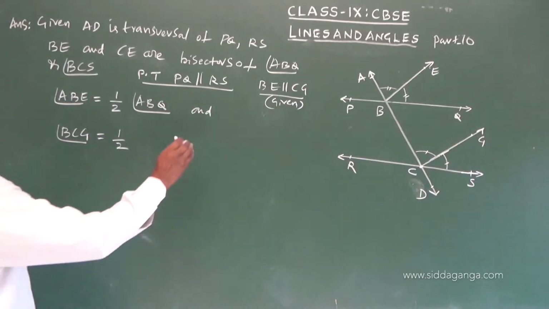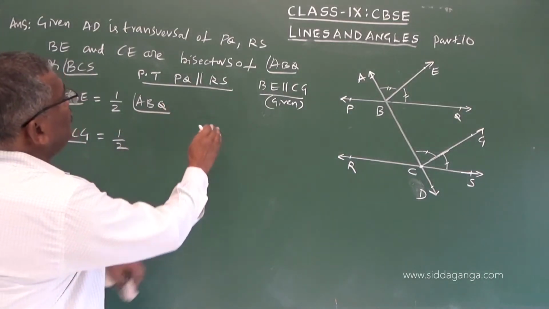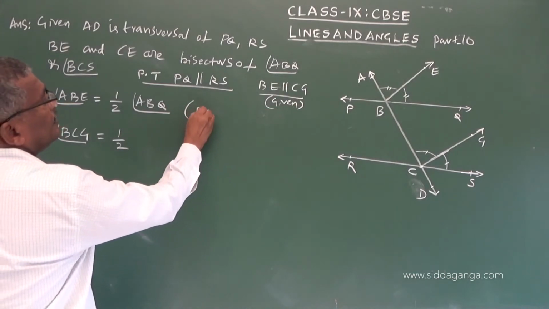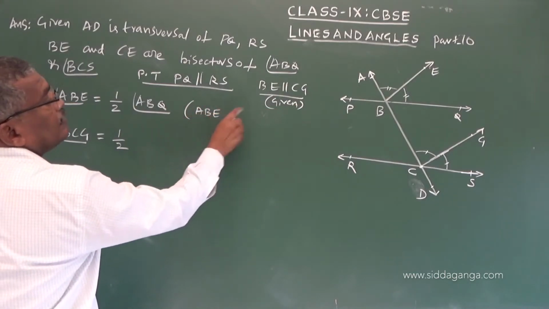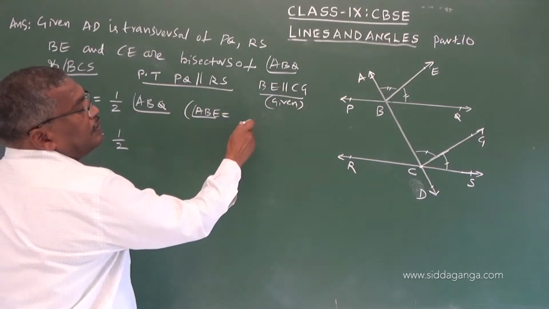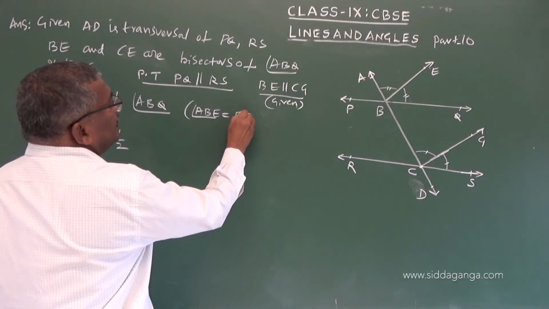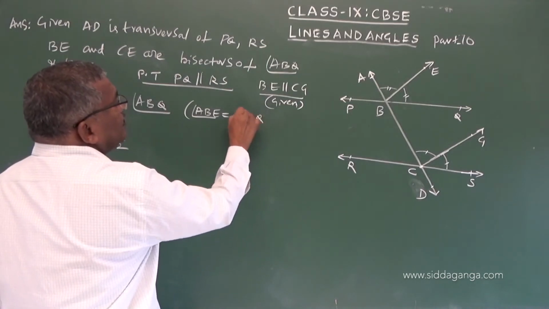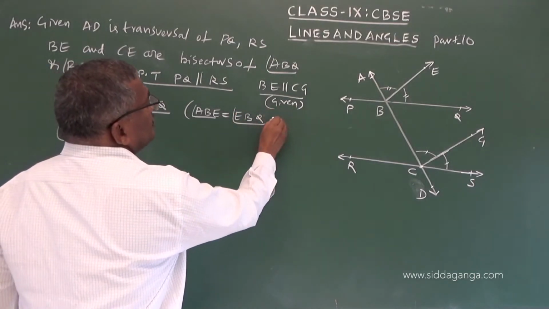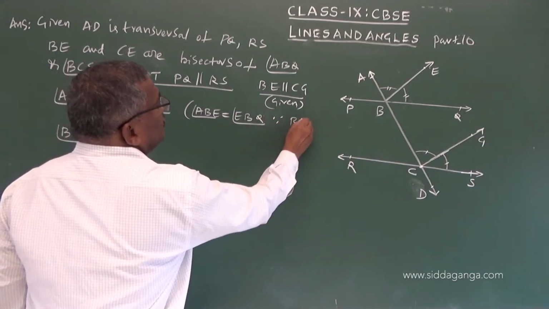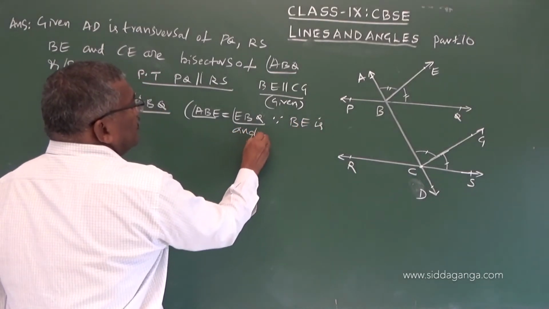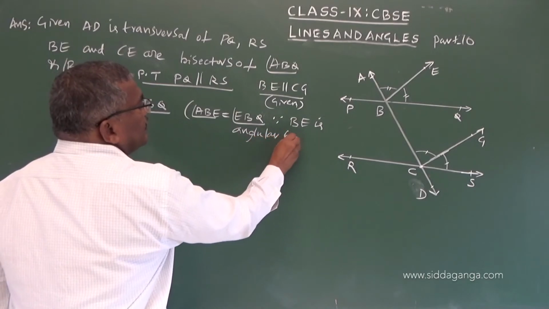So I will write here why this happens. Angle ABE is equal to EBQ, because BE is the angular bisector.